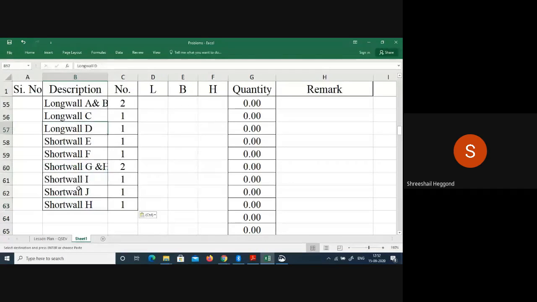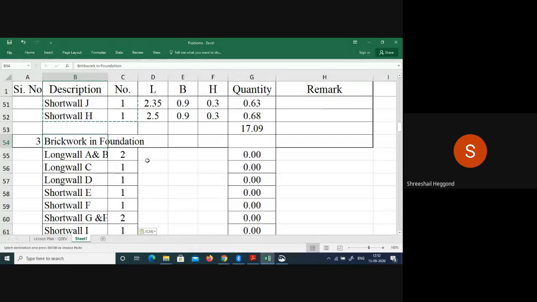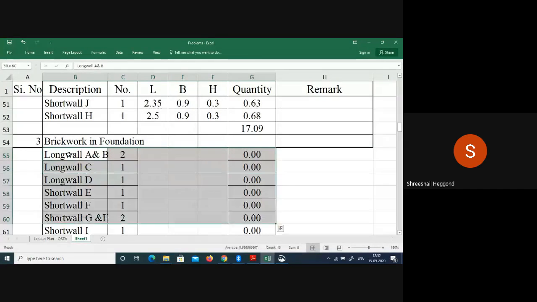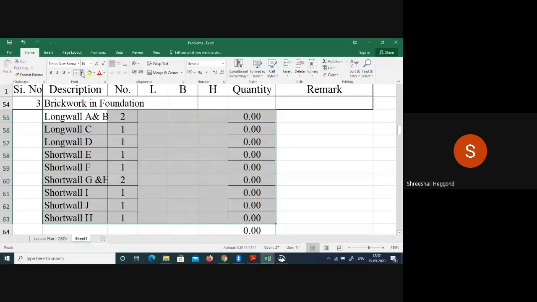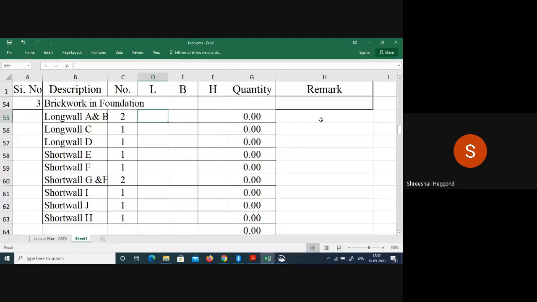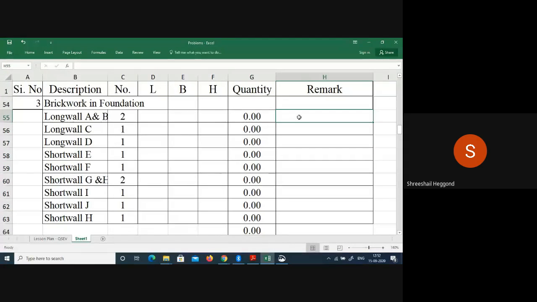The thing is, you need to write the length. Central line length is 11.9.